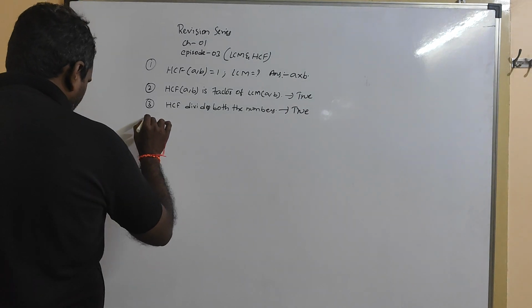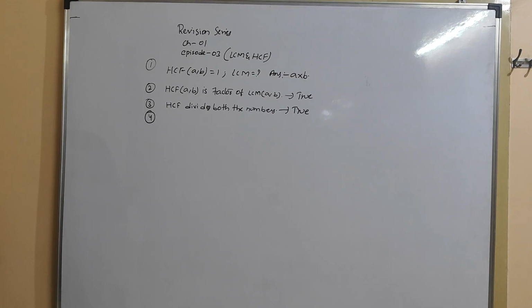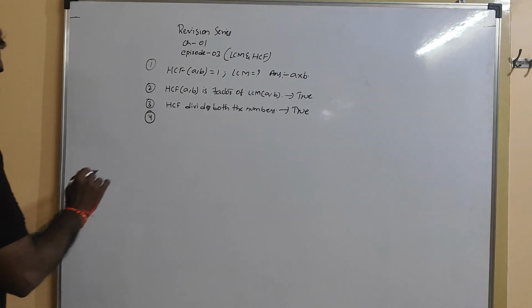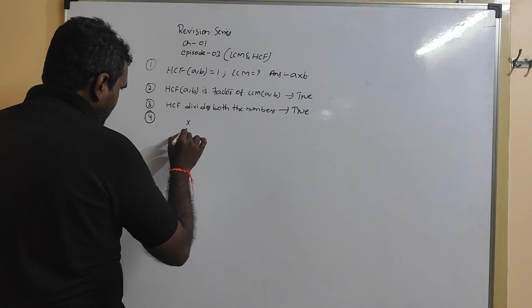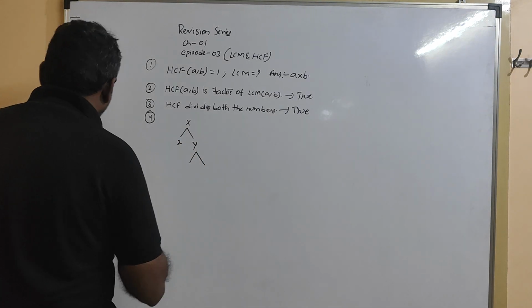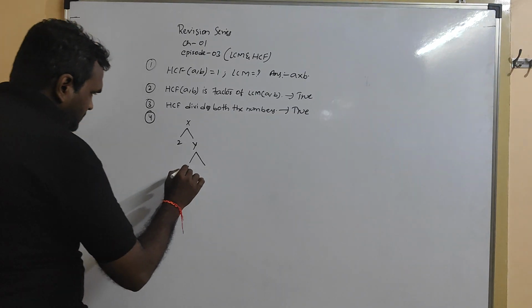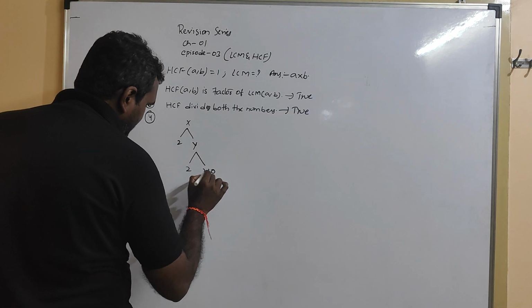See the fourth question. x is divided into 2 and y, and y is divided into 2 and 210.